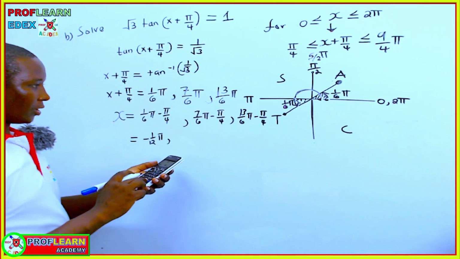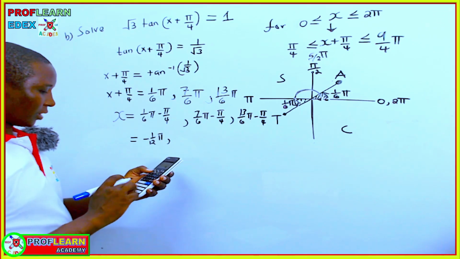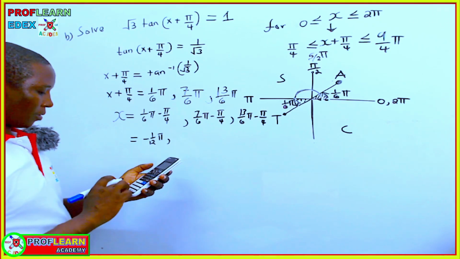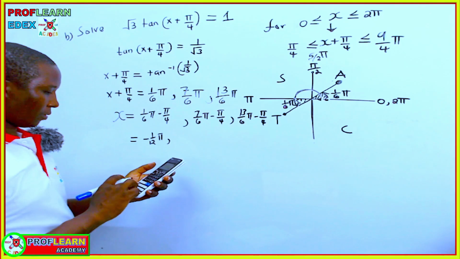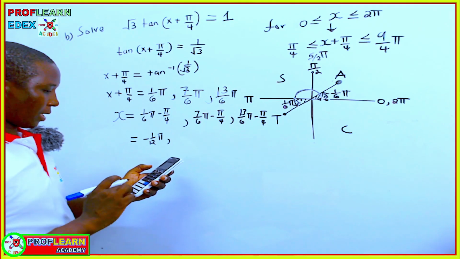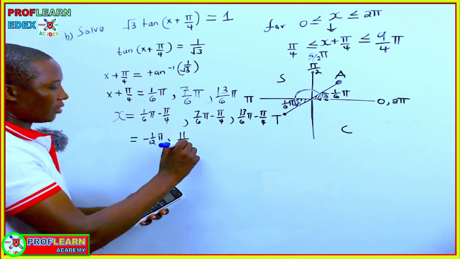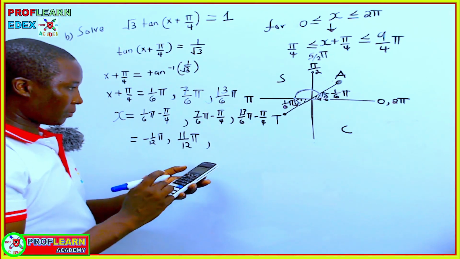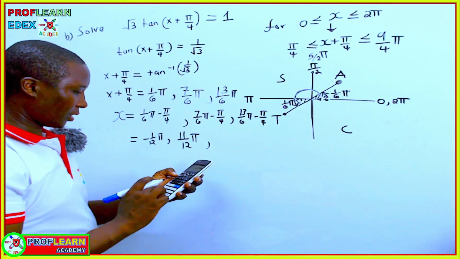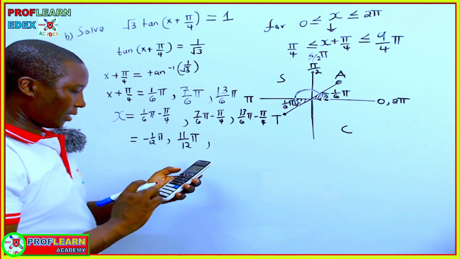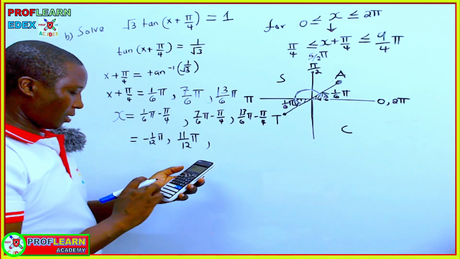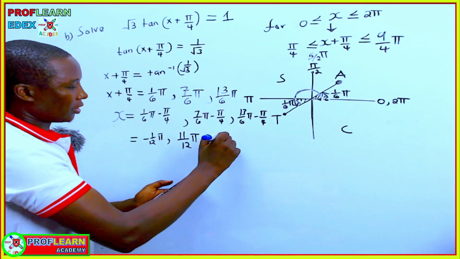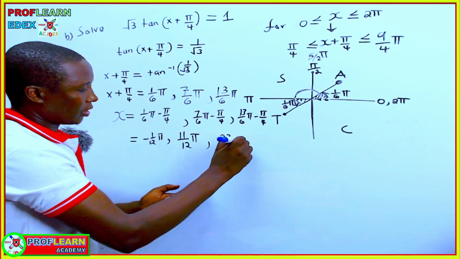The next one is 7 over 6 pi minus 1 over 4 pi, which is giving me 11 over 12 pi. And this one is 13 over 6 pi minus 1 over 4 pi. This translates to 23 over 12 pi.